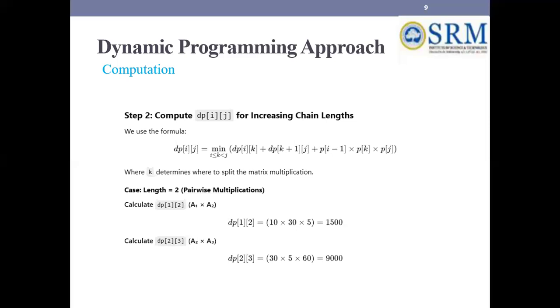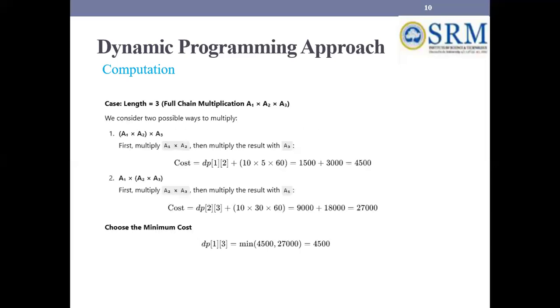Calculate T of 1 comma 2. So matrix A1 into A2. Multiply the dimensions for matrix 1 comma 2, 10 into 30 into 5. So the total number of multiplications is 1500. For 2 comma 3, to multiply matrix A2 with A3, number of multiplications is 9000.